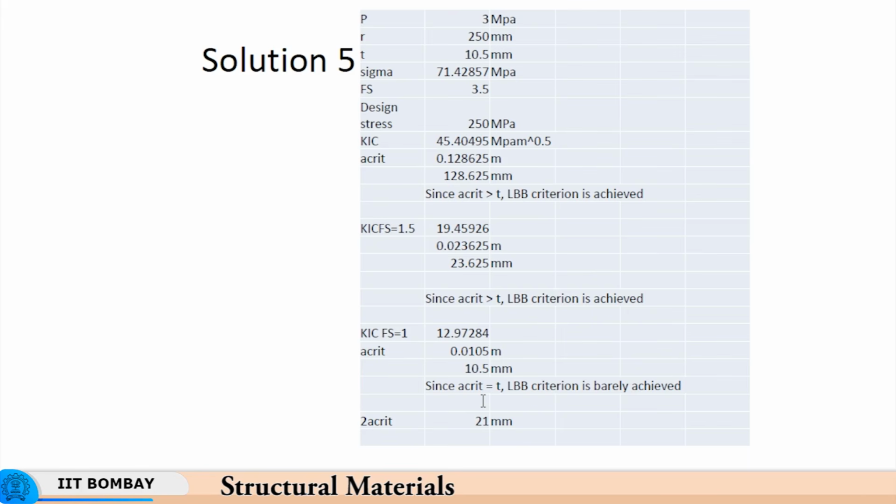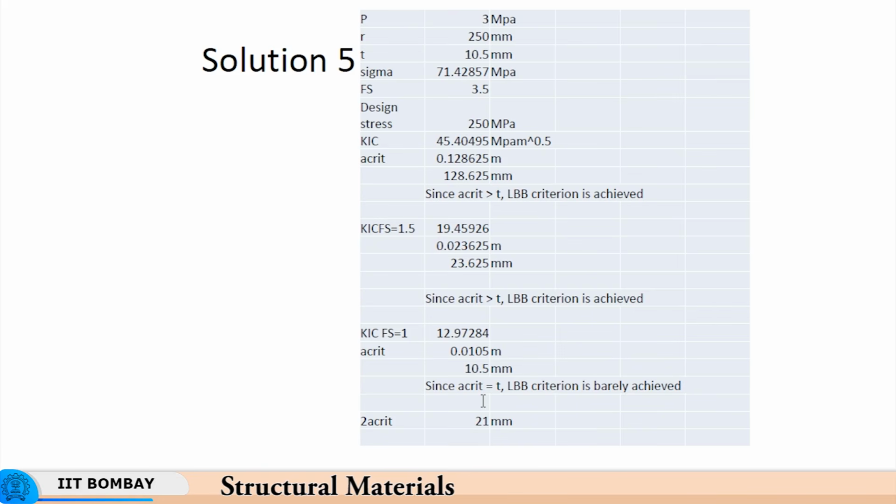Still the leak before break criterion is achieved, and even when K1C is taken as 1, so what it means is that you divide this 45.4 by 3.5, because you have taken 3.5 as a factor of safety, then you have 10.5 millimeters as the A critical. So A critical being equal to thickness, the leak before break criterion is barely achieved. Now one thing is that in each of these cases A critical is achieved.